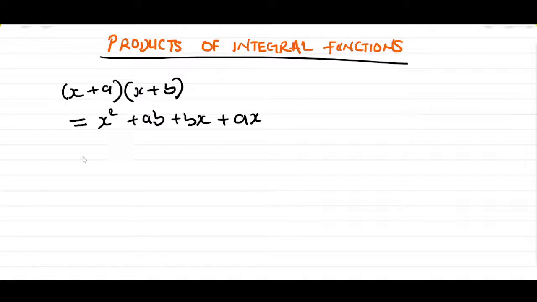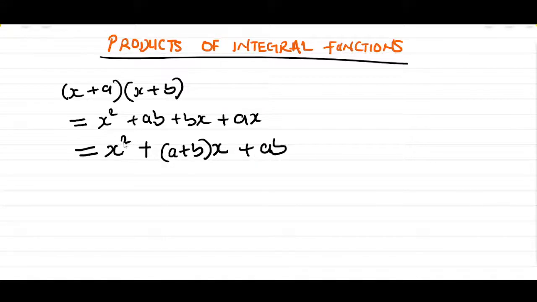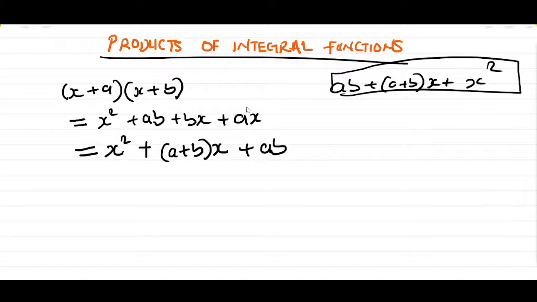But it is customary when you are working on integral functions to express them in terms of descending powers. So this will be a plus b, then plus ab. We may also write this in ascending powers as ab plus a plus b x plus x squared, but nobody ever writes it this way for this special case.